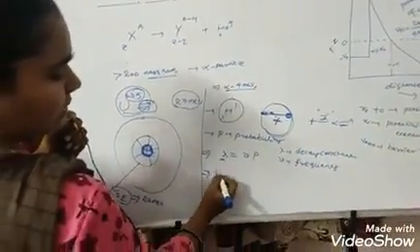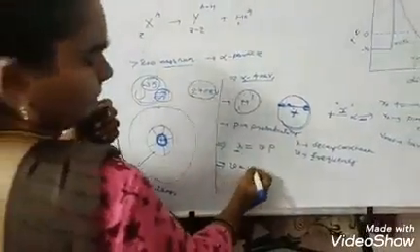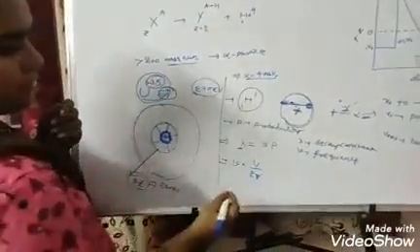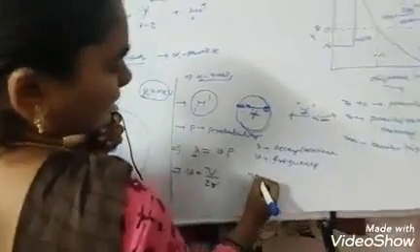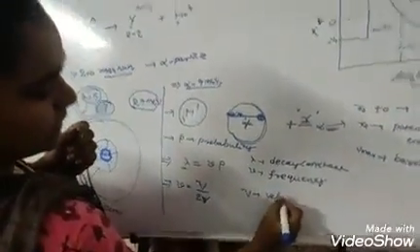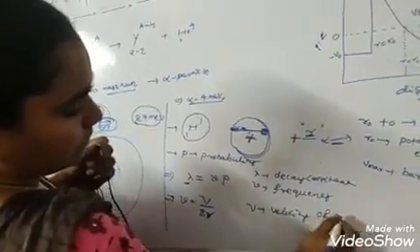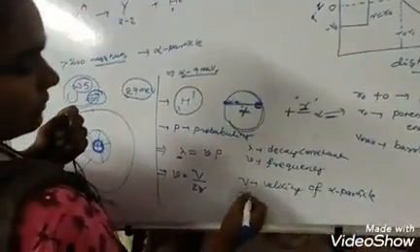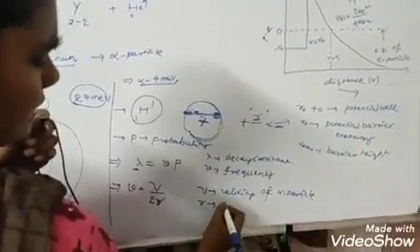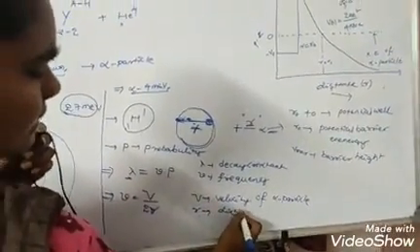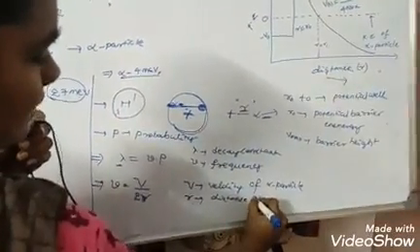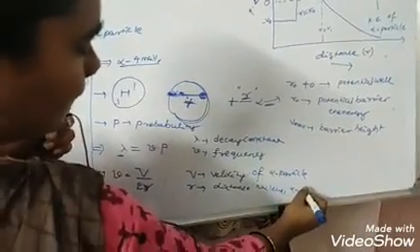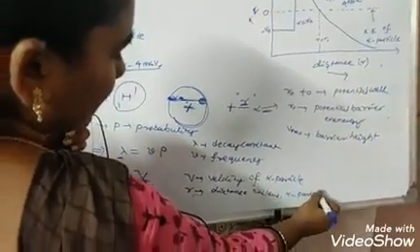And another formula for frequency: nu is equal to velocity by 2r, where V is the velocity of the alpha particle and r is the distance between the nucleus and the alpha particle.